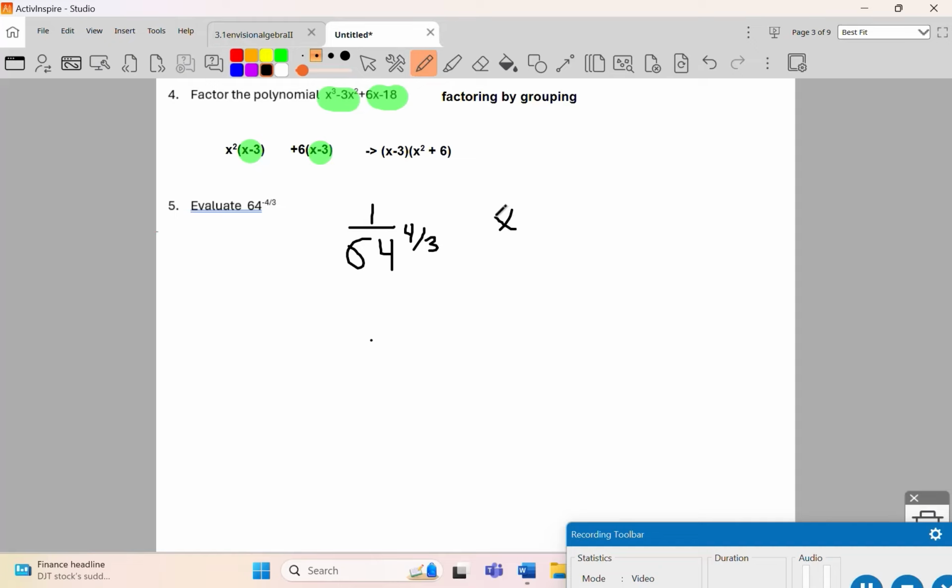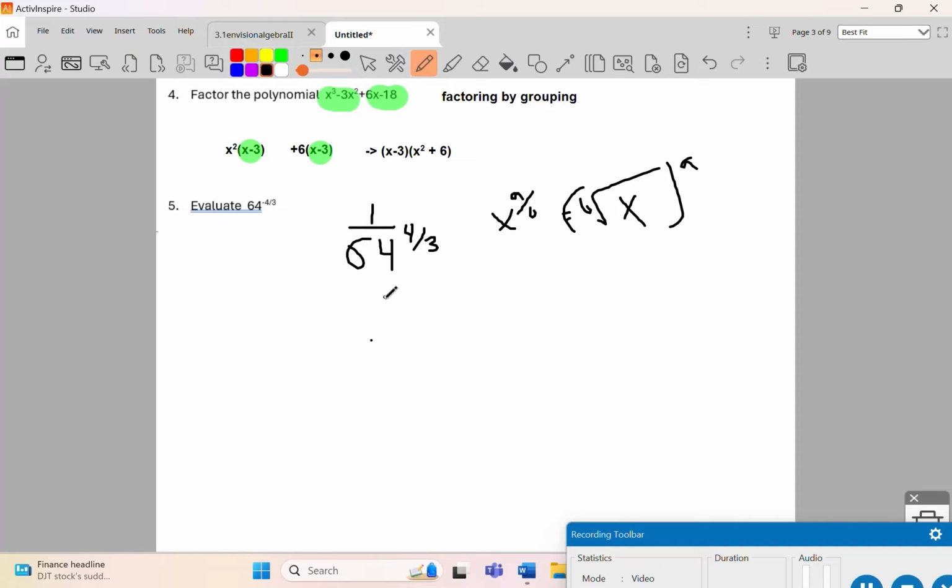X to the A over B is the bth root of X, all to the A. All right.